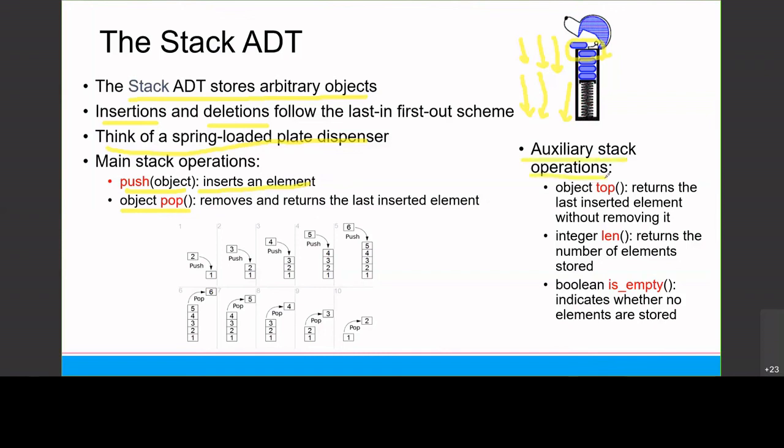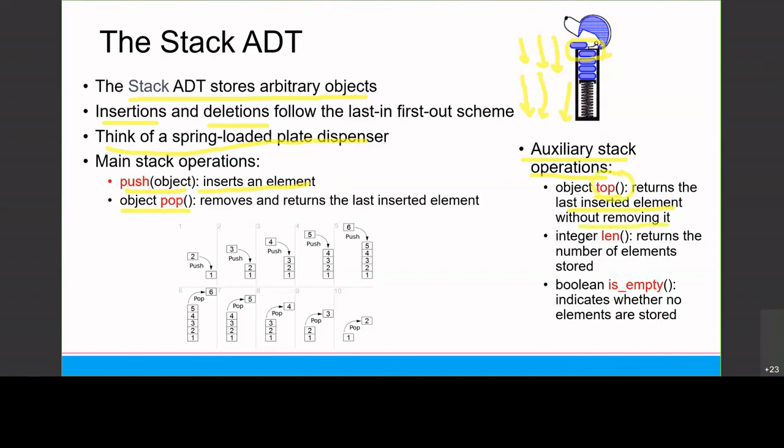Some auxiliary stack operations. So these are additional operations. We want to know the top. The top means the last inserted element. Okay, I want to know the value or the object on the top, but it will not remove it.